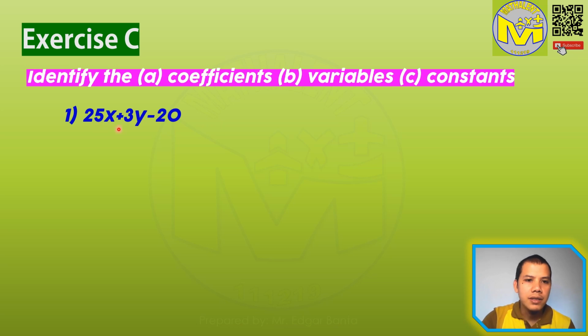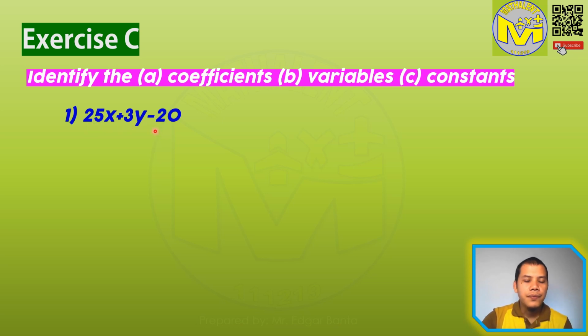So 25x plus 3y minus 20. So we have three terms, 25x, 3y, and 20. It is separated by plus and minus.